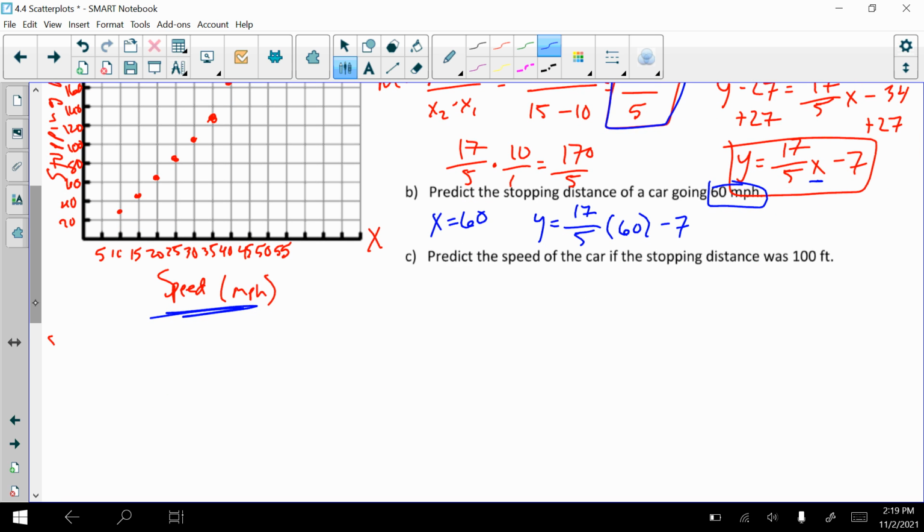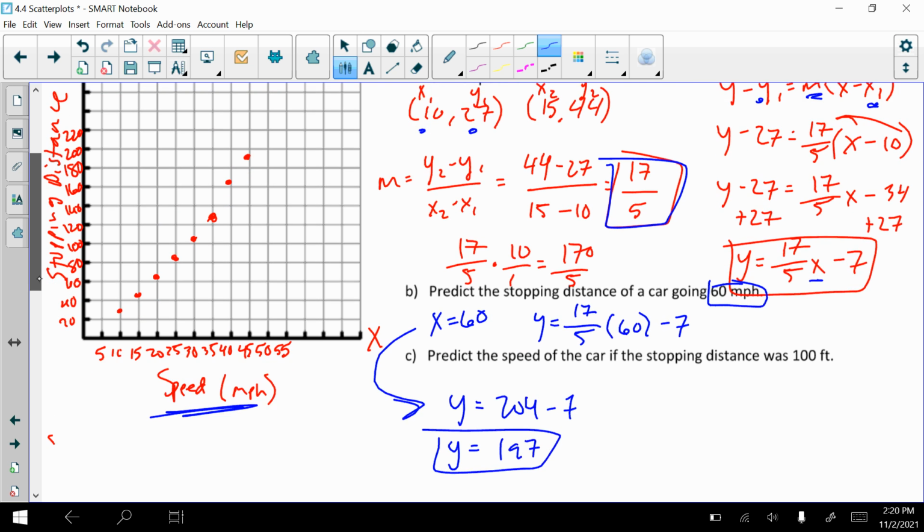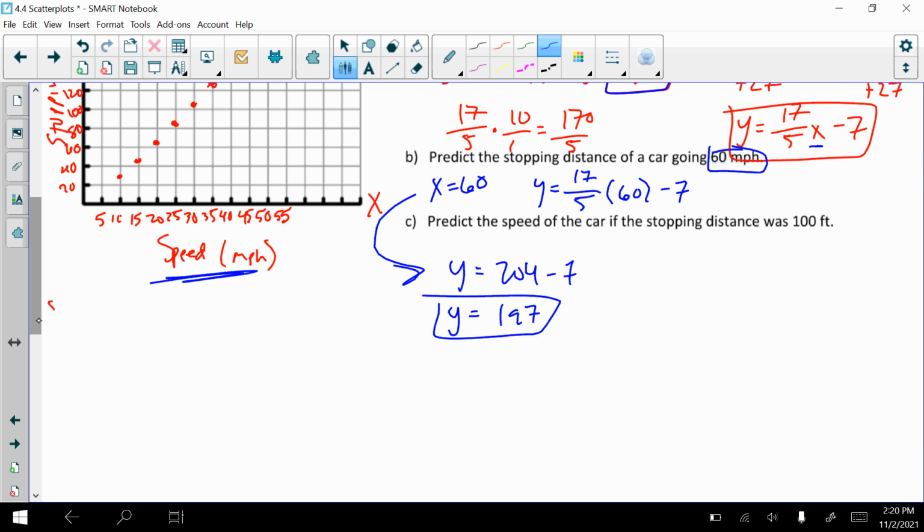I'm running out of room here. Let's finish this right here. I'm going to get y equals 17 over 5 times 60 is 204 minus 7. And 204 minus 7 is 197. So that means that if I'm going 60 miles an hour, it's going to take me 197 feet to stop, which is pretty astonishing when you think about it. That is a long time before your car stops.